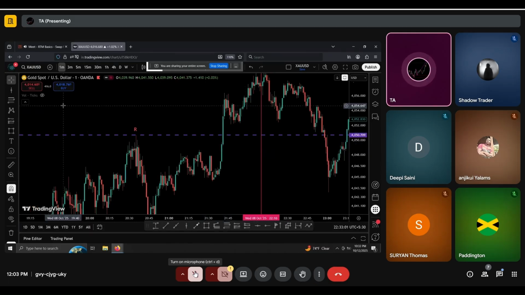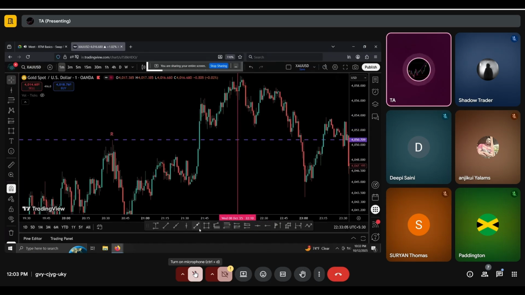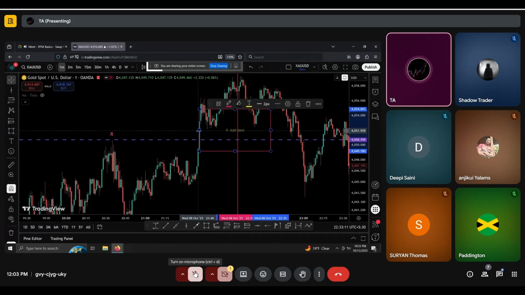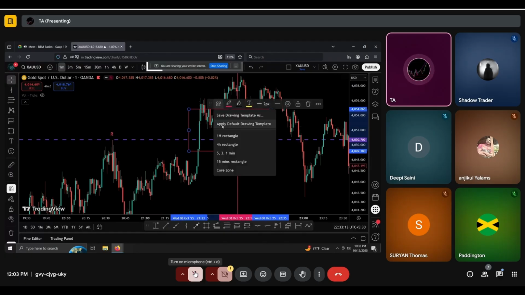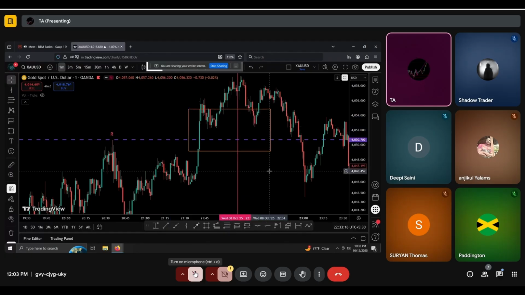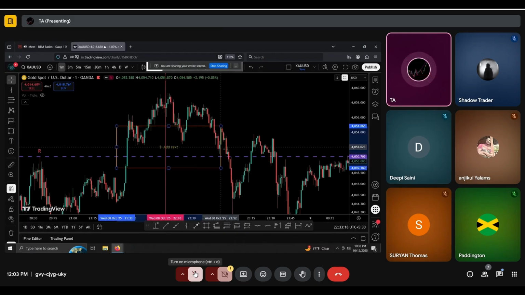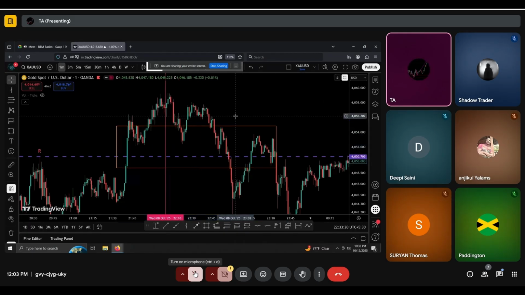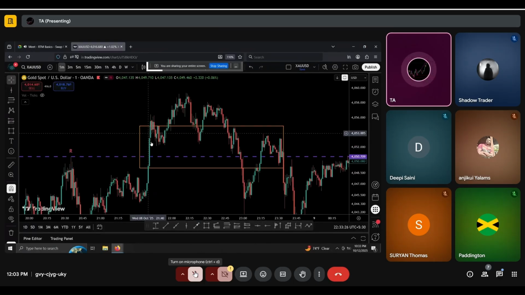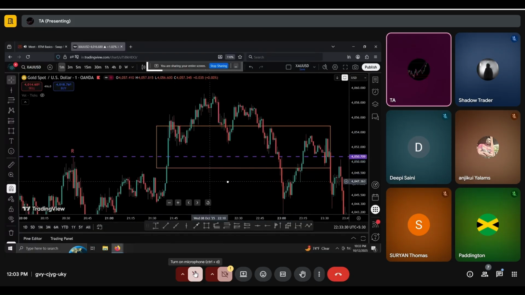So what we will do, we have data till 1 minute, so we will draw this whole candle, high to low, as our FTR. You see this? This whole candle will be our FTR.